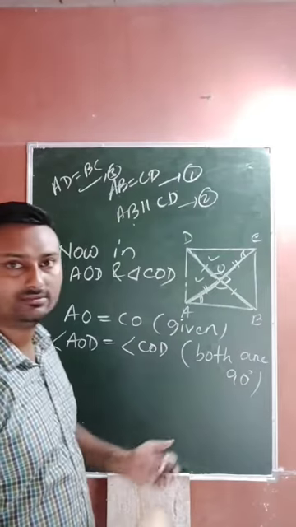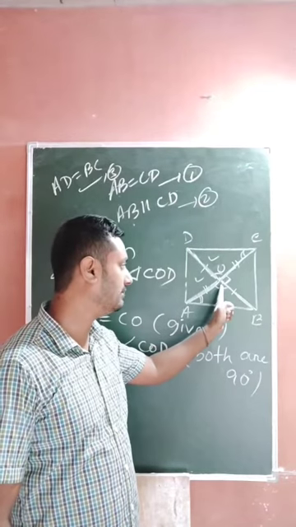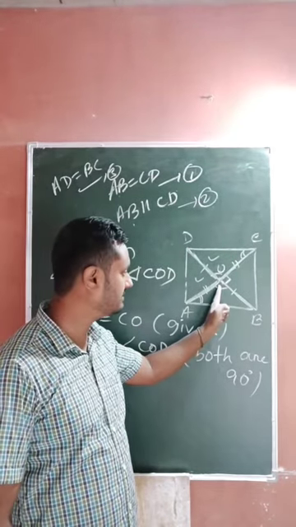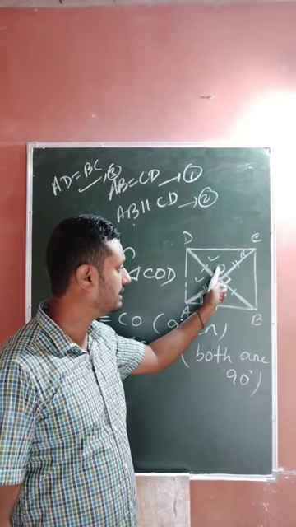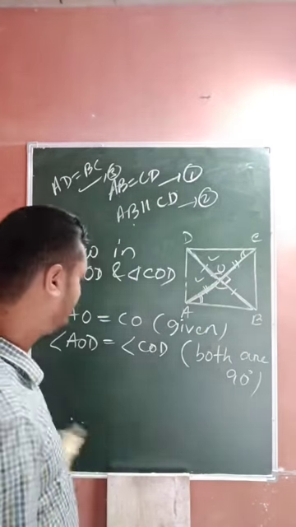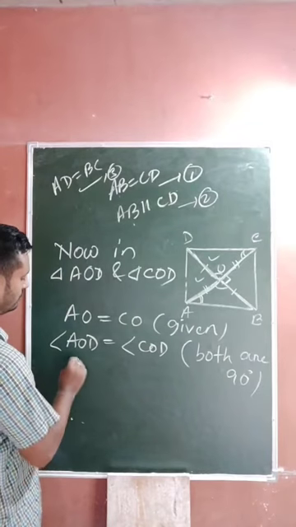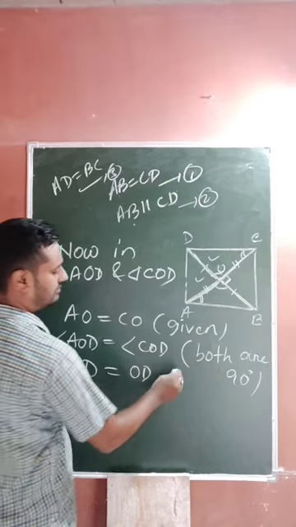So bisecting at right angles means if one angle is 90 degrees, the linear pair must be 90 degrees. Again, if this is 90 degrees, the vertically opposite one is 90 degrees, and this one will also be 90 degrees. So again, OD is equal to OD, common side.